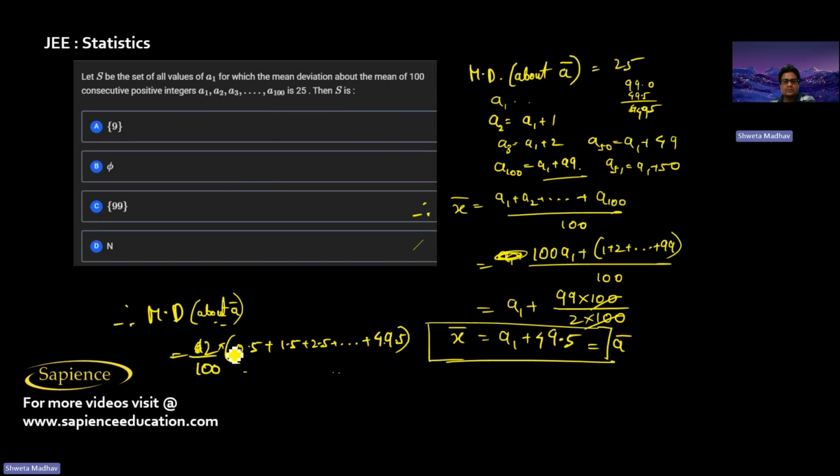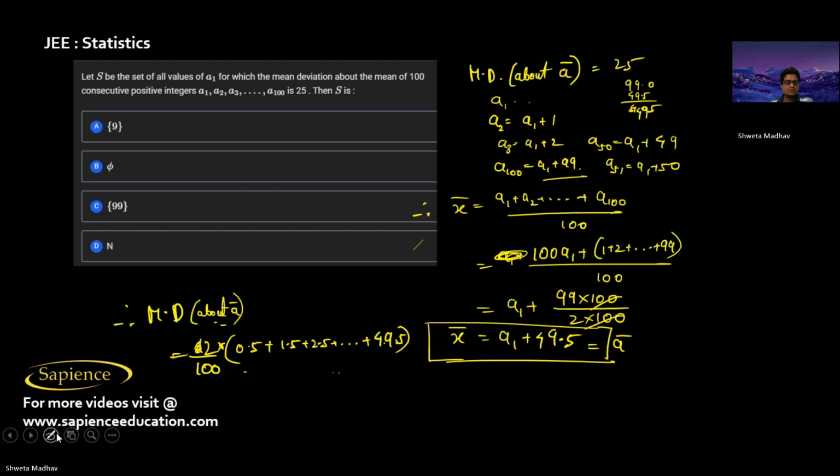Since from A1 to A50, it will be 0.5 to 49.5, and then again from A51 to A100, these numbers only are required.